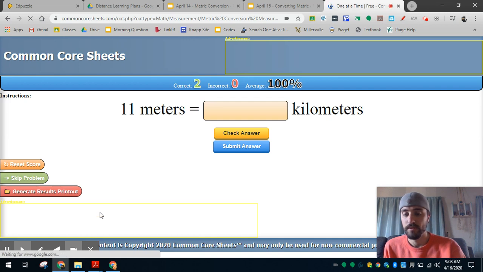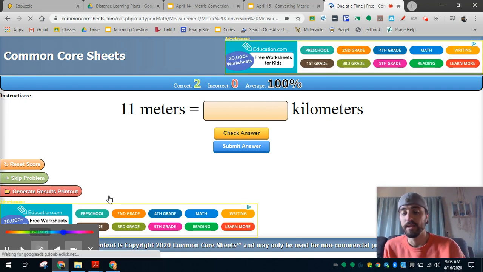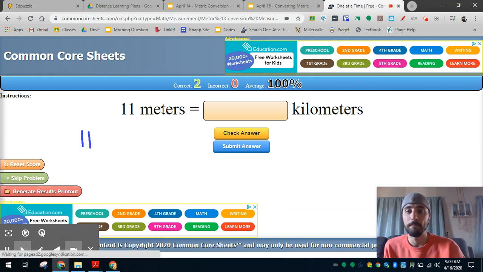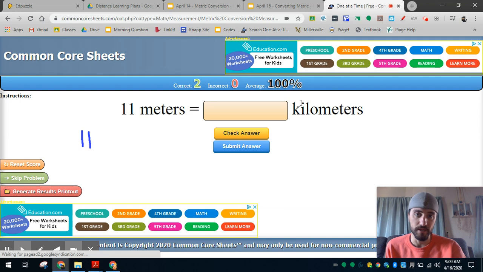All right, cool. 11 meters to some amount of kilometers. So again, the first thing to do is write down the number that I'm starting with, which is 11. 11 meters to kilometers.